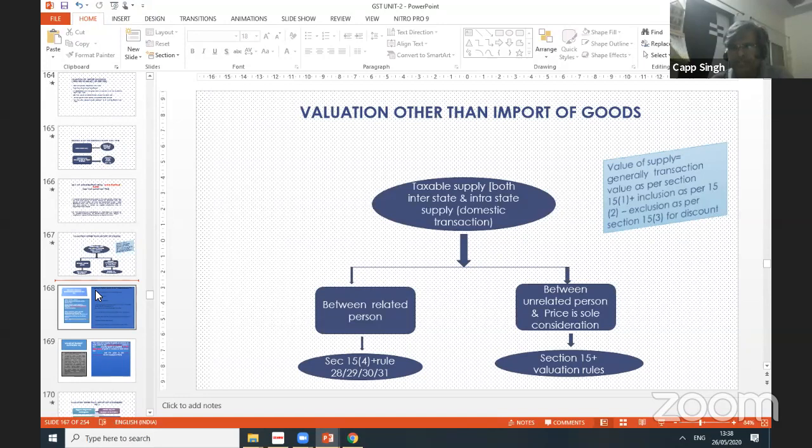The inclusion is mentioned in section 15(2), and there is exclusion as well, particularly the discount etc., which is mentioned in section 15(3). So if we have to value, then we have to value as per the equation 15(1) plus 15(2) minus 15(3). We must memorize that equation: 15(1) plus 15(2) minus 15(3). That will be the value of supply.